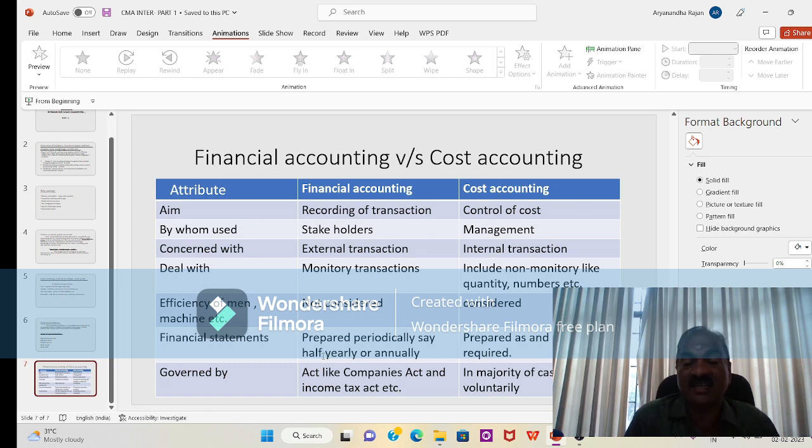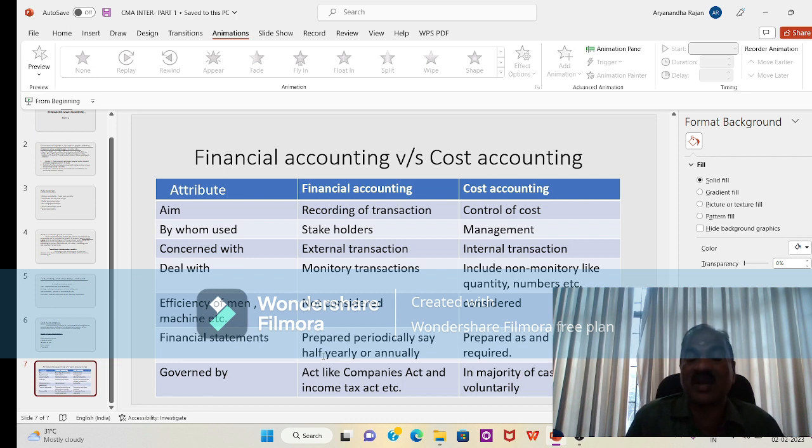That is, internal transactions are never recorded in financial books. Internal transactions alone are primarily recorded in cost accounting records.